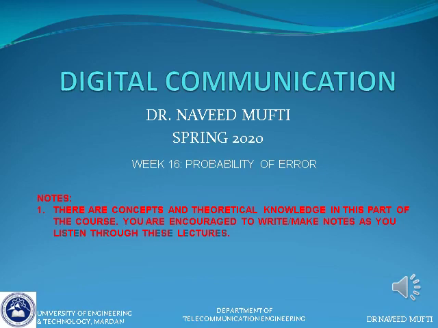Okay students, welcome to the second part of this week's lecture, and this part is focused on the probability of error and comparing the error performance of different modulation schemes.